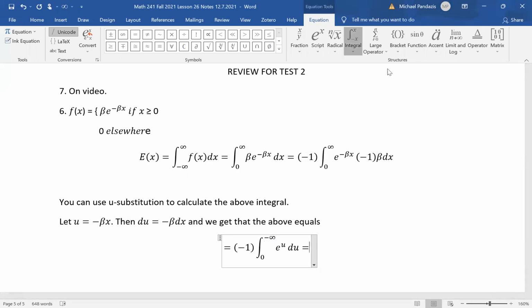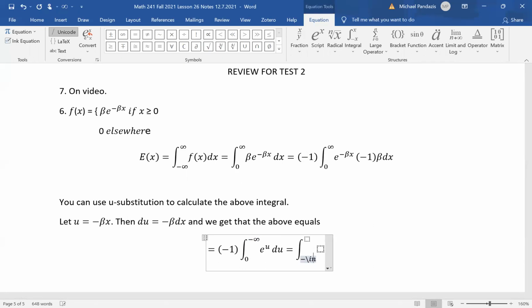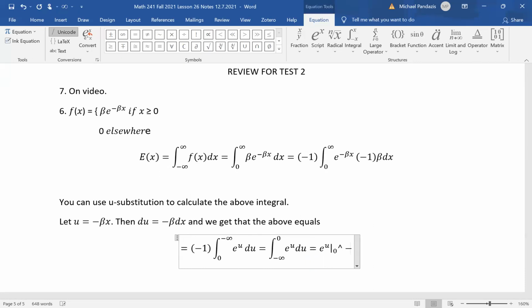And so now this is equal to the integral. If you negate this, you switch the limits of integration. So it's the integral from negative infinity to 0, switching the limits of integration, getting rid of the negative sign, of e to the u du. And so this is equal to e to the u evaluated from negative infinity to 0.